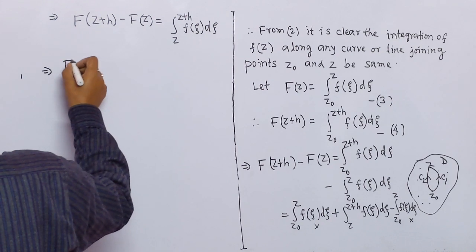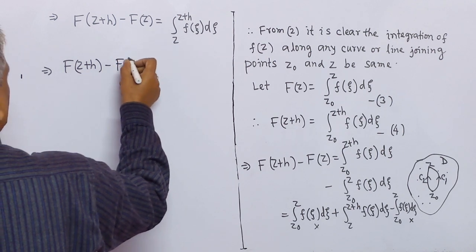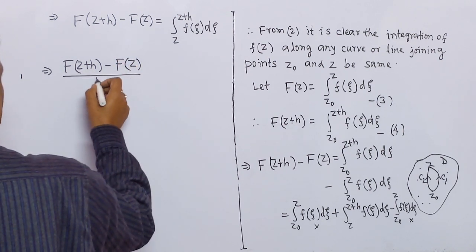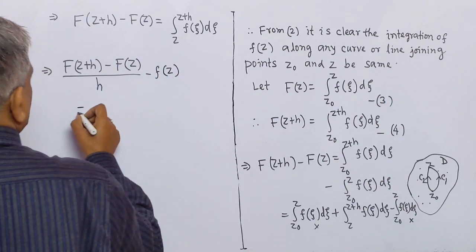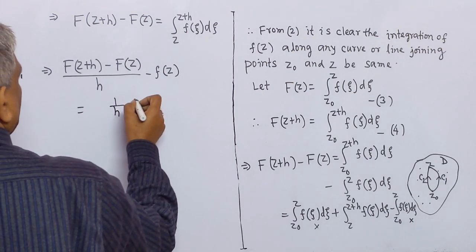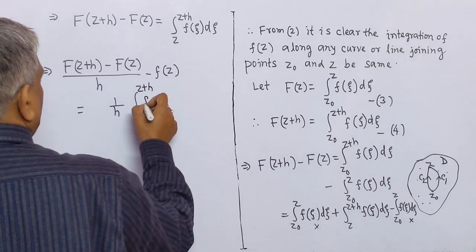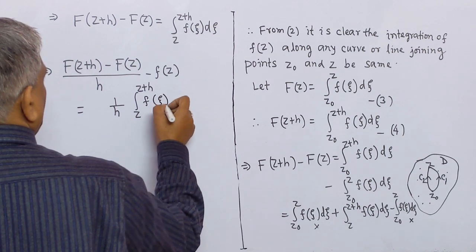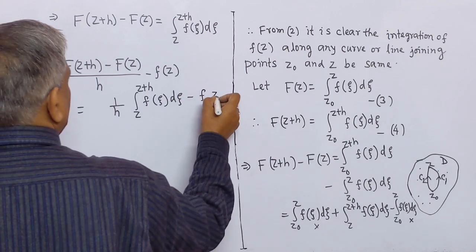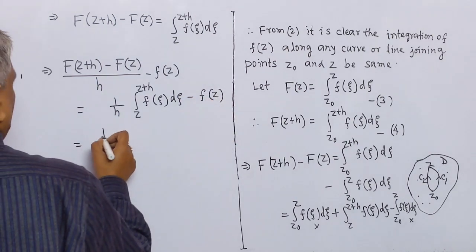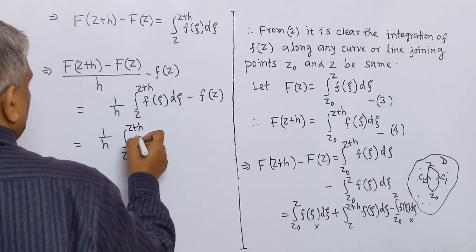It implies that F(z plus h) minus F(z), divided by h, minus f(z) equals 1 by h times the integration from z to z plus h of f(xi) d xi minus f(z).